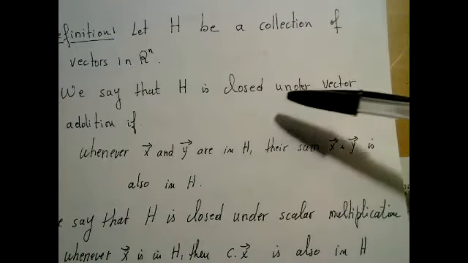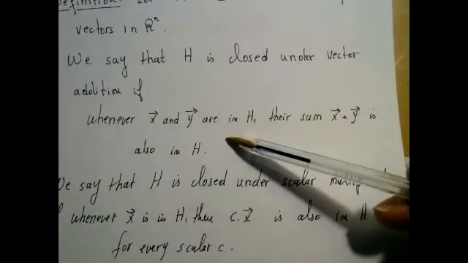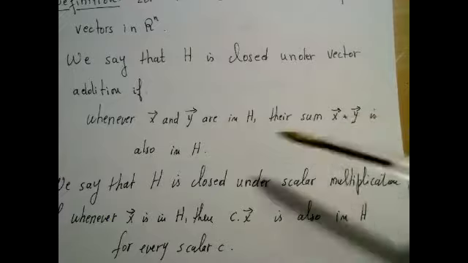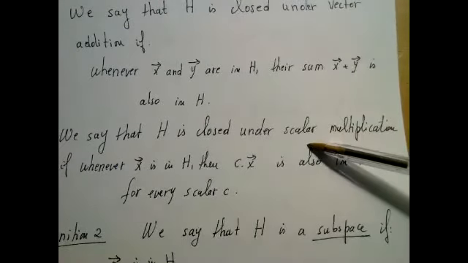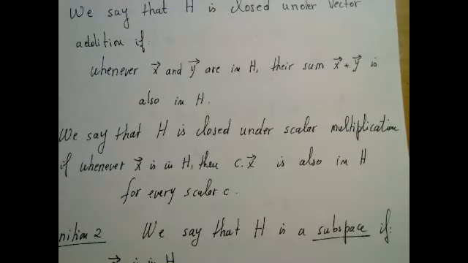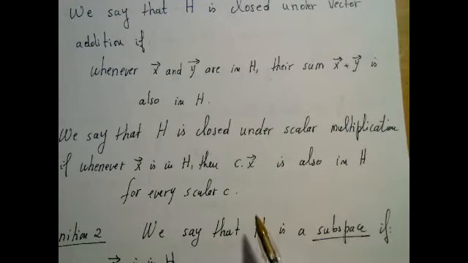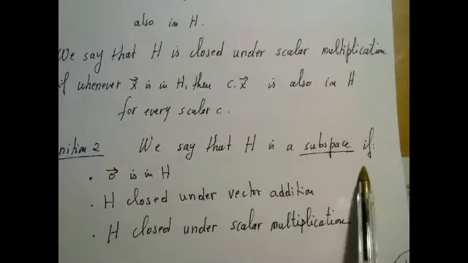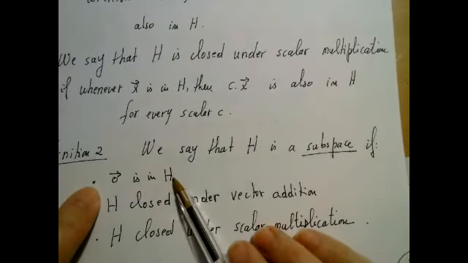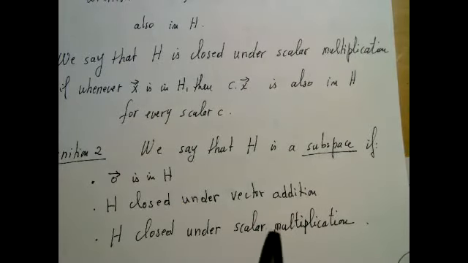We say that H is closed under vector addition if whenever two vectors are in it, their sum is in H. It's closed under scalar multiplication if whenever a vector x is in H, multiplying it by a scalar gives a new vector that is also in H. And we say that H is a subspace if 0 is in H, H is closed under vector addition, meaning whenever you add two vectors in H their sum is in it, and H is closed under scalar multiplication.